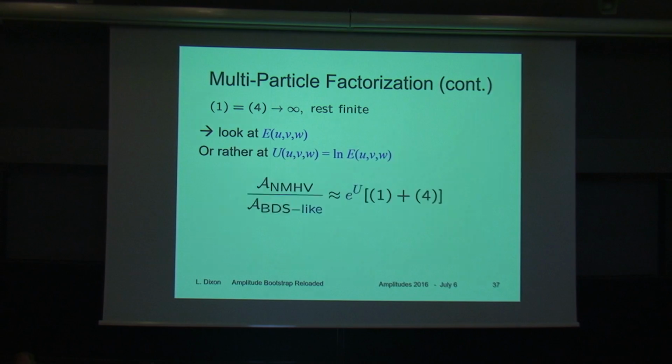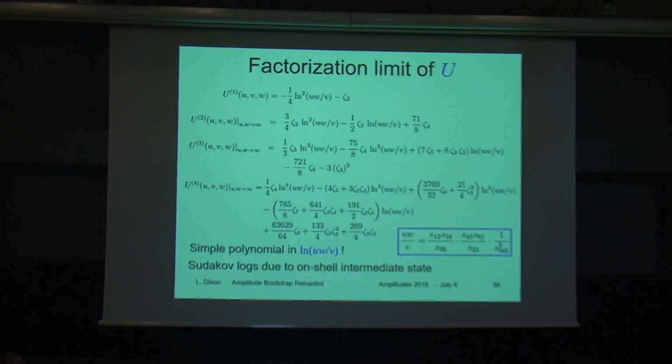And anyway, in this limit in the NMHV amplitude, which is the only one that has a 3-particle pole at tree level, we can rewrite the answer and take a logarithm of the coefficient function there.